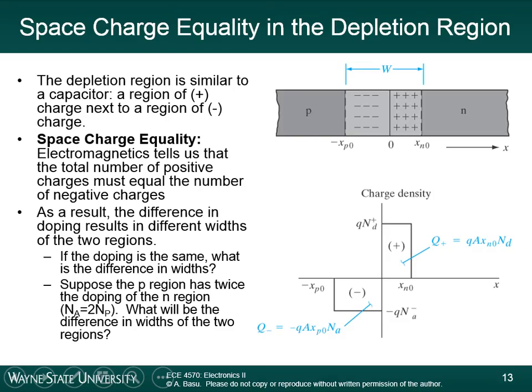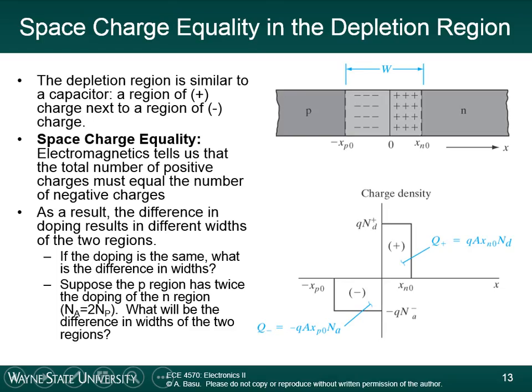If there's a high doping density on the N side, for example, there's going to be a high concentration of those arsenic ions. If there's a higher concentration of arsenic ions on that side, then the positive charges will be squeezed into a smaller area than on the opposite side.